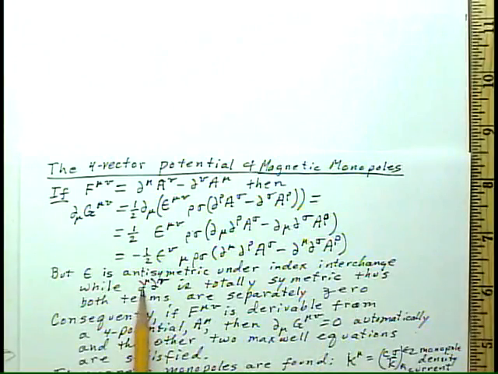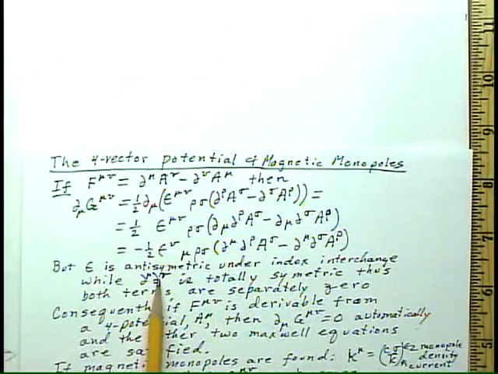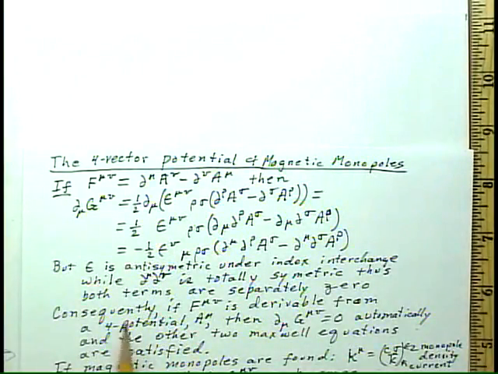That's because for every one of the terms where we have a mu nu, there's another term equal to it with nu mu, which is identical here but has a minus sign with the epsilon.